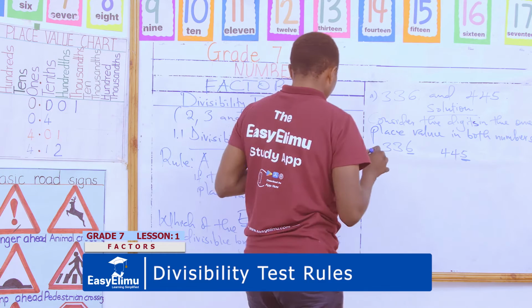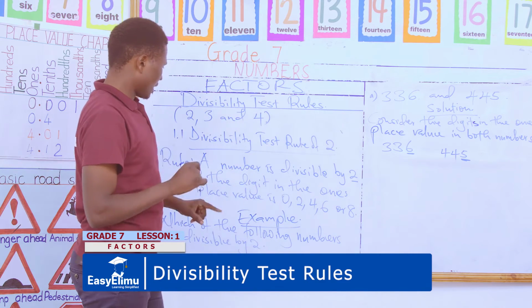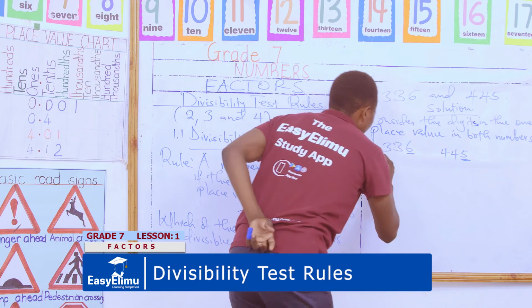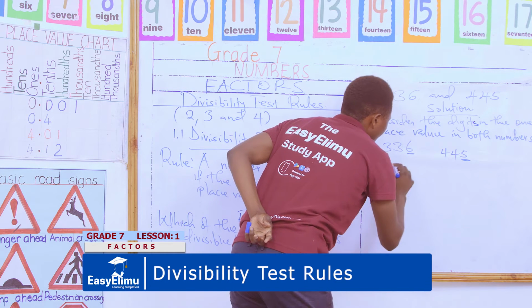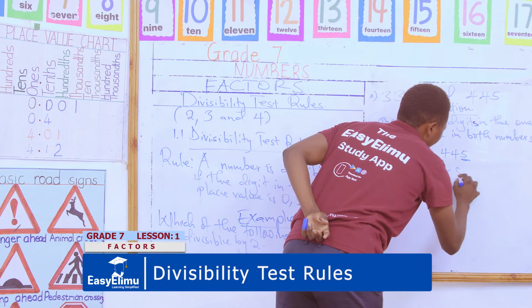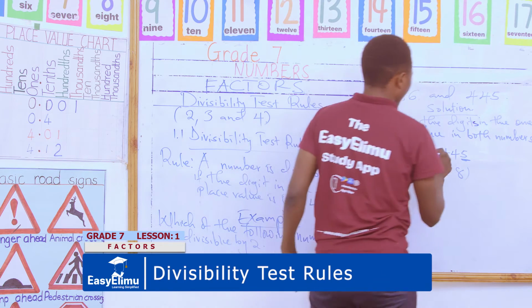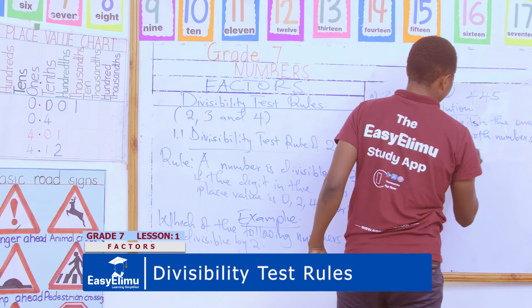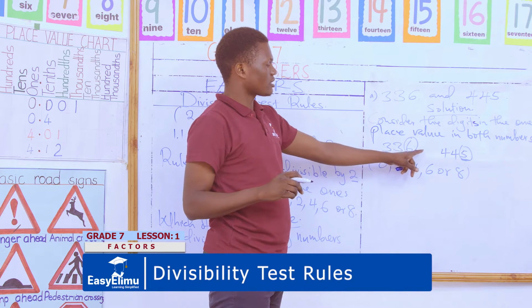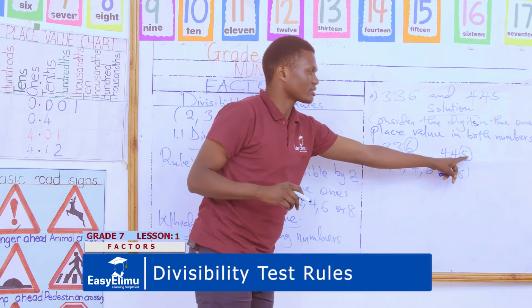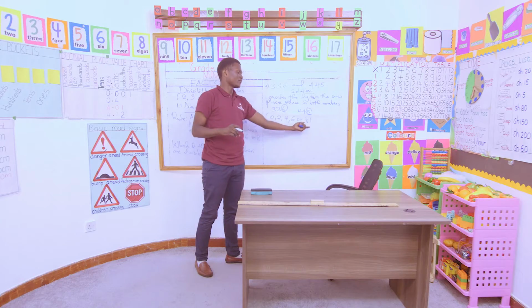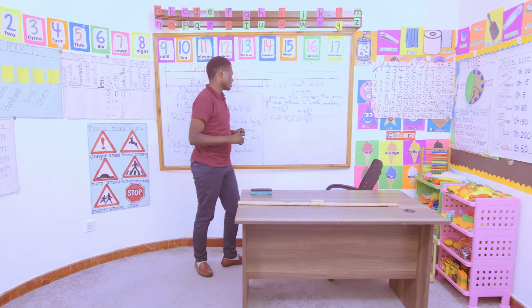So we said, for us to decide whether a number is divisible by 2, the digit in the ones place value must be 0, 2 itself, 4, 6, or 8. And here we have the number 6 and the number 5. In the first instance, the digit in the ones place value is 6, and in the second instance, the digit in the ones place value is 5. And 5 is not among the given digits.